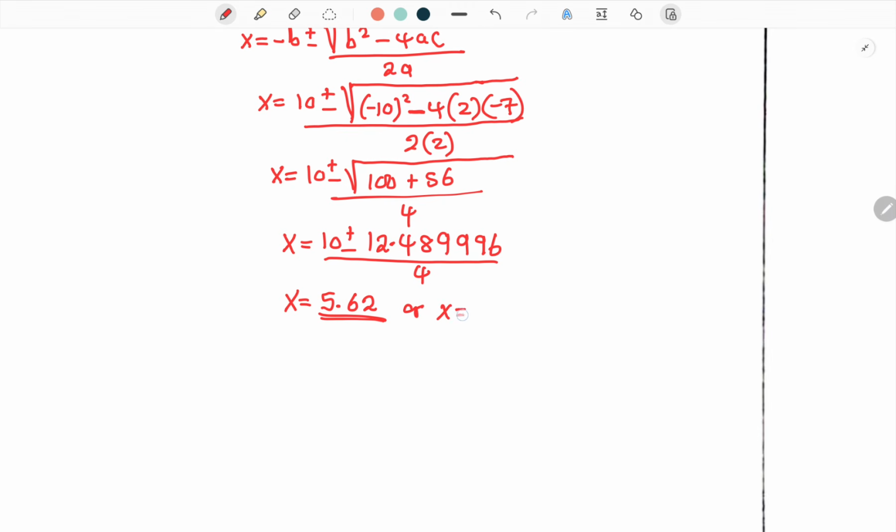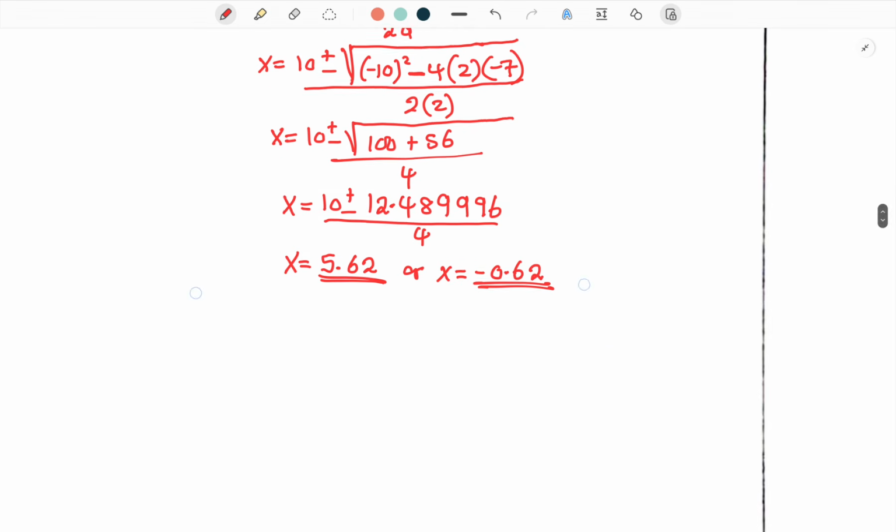Or you can subtract 10 minus 12.489996, divide by 4, and you get minus 0.622. Let me see how many decimal places we have. This is more, so we can round it to 2 decimal places, and this also becomes our answer. So basically this is how you solve quadratic equations.